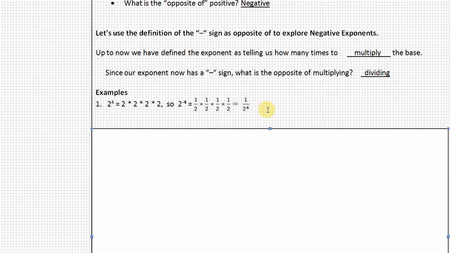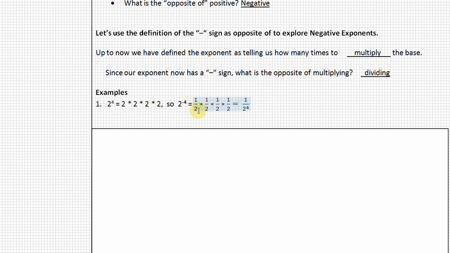This one I've gone ahead and expanded all the way out. So 2 to the 4th, here our exponent of 4 is positive, tells us to multiply 2 by itself 4 times. So that means if we take 2 and use a negative 4 exponent, I don't want to just multiply by 2. I actually want to do repeated division. So I can take 1, put it in my numerator, and divide it by 2.